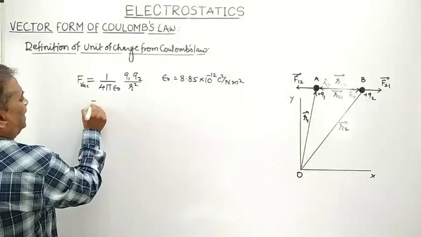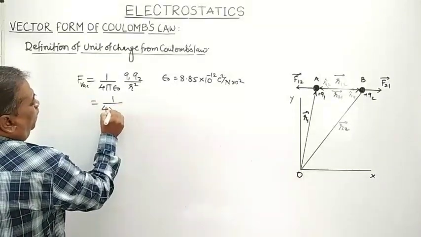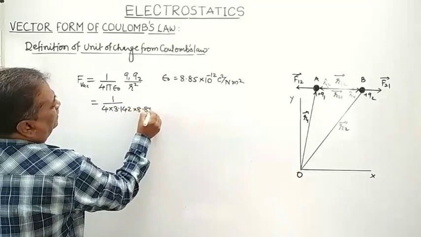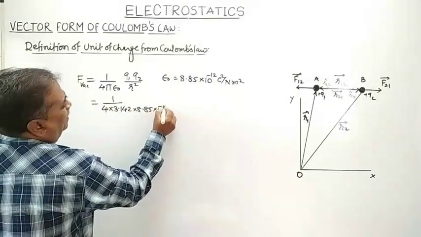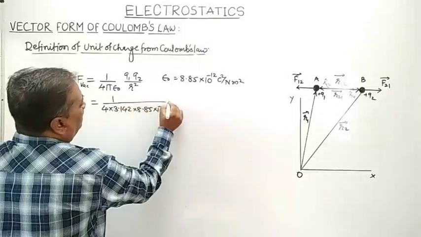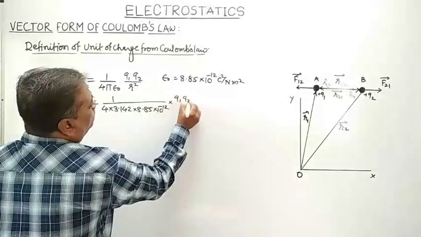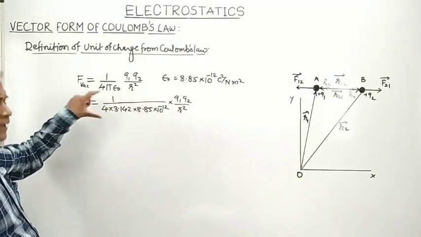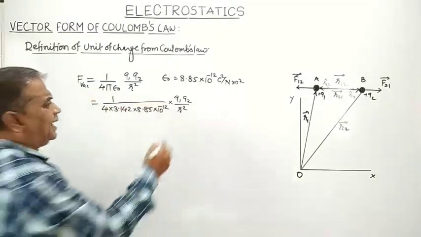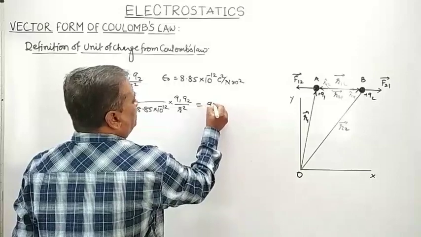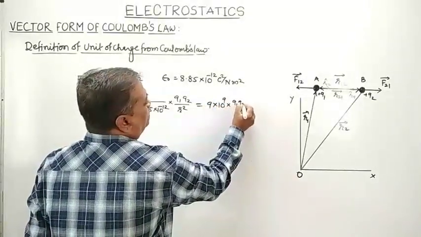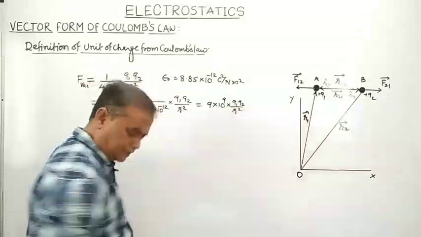So if I put the value of 4 into pi, meaning 3.142, into 8.85 into 10 to the power minus 12, into q1 q2 divided by r square, the reciprocal of this entire number is found to be equal to 9 into 10 to the power 9, into q1 q2 divided by what? R square.